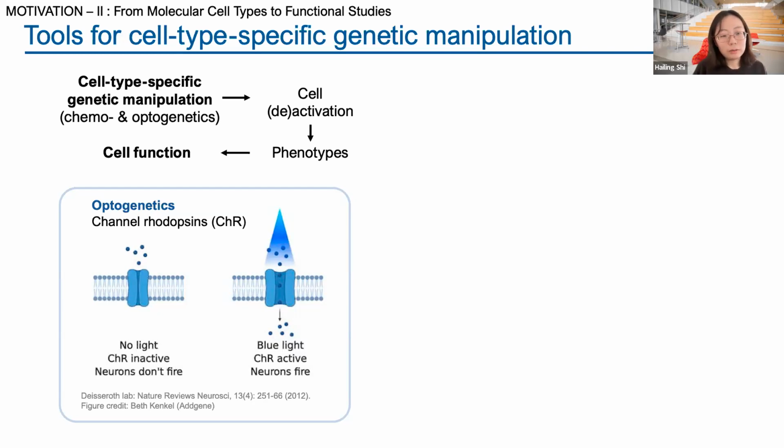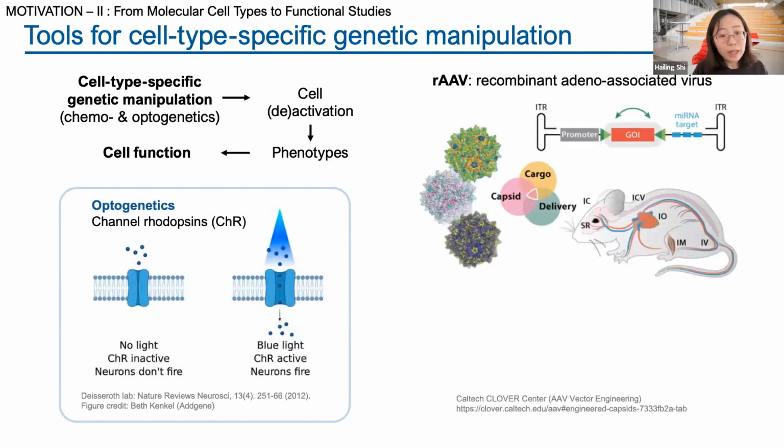For example, in the field of optogenetics, light-responsive channelrhodopsin proteins are expressed in certain cell types to activate or deactivate the cell activity, and then we can track the functional outcome. For expressing those transgene molecular tools in neuronal cell types, a viral tool people use a lot is the recombinant adeno-associated virus.